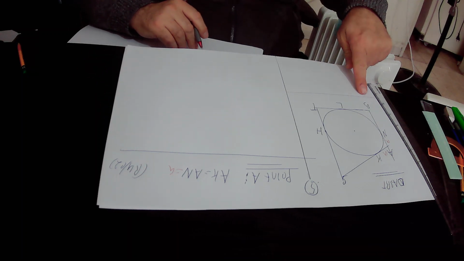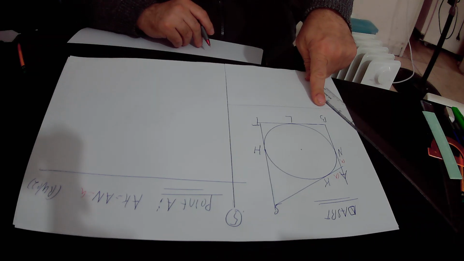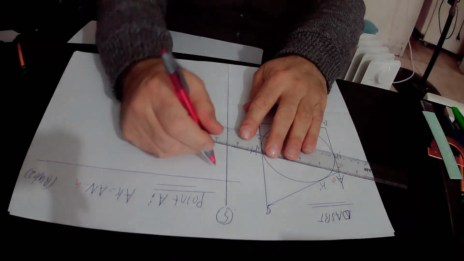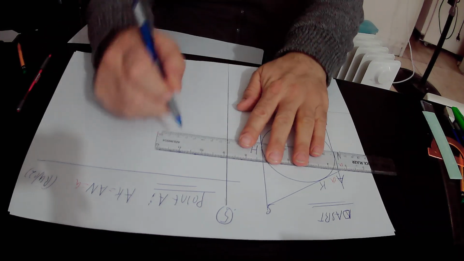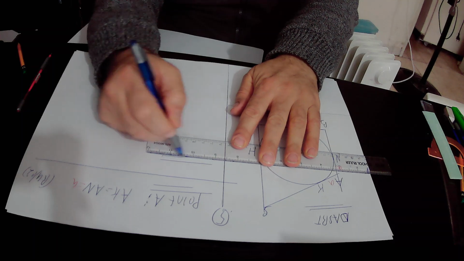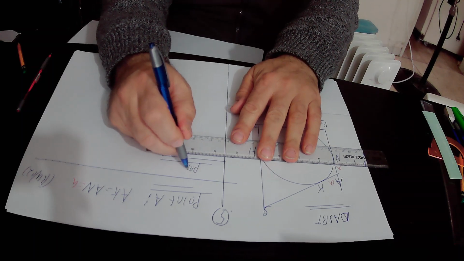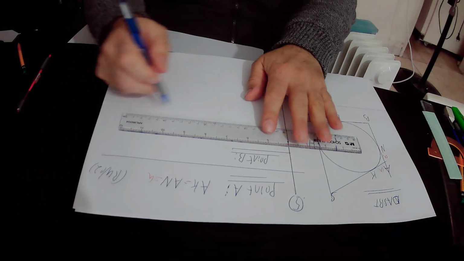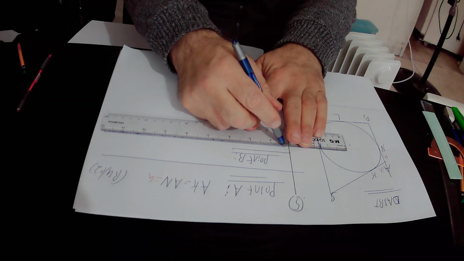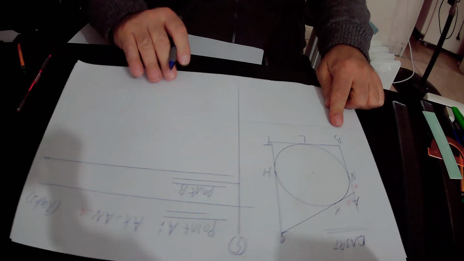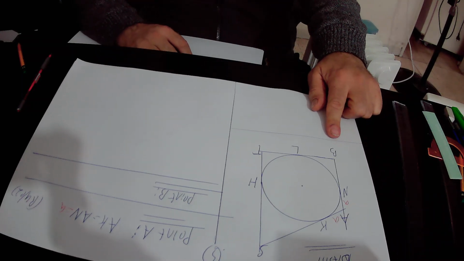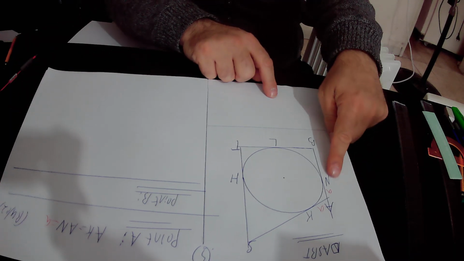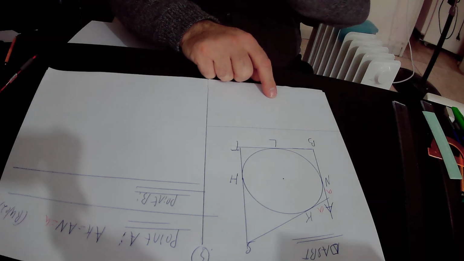Likewise, we focus on the common standpoint, point B. From this common standpoint, point B, we have two tangents to this circle, tangent BN and tangent BL. And according to rule 2, they are equal to each other.